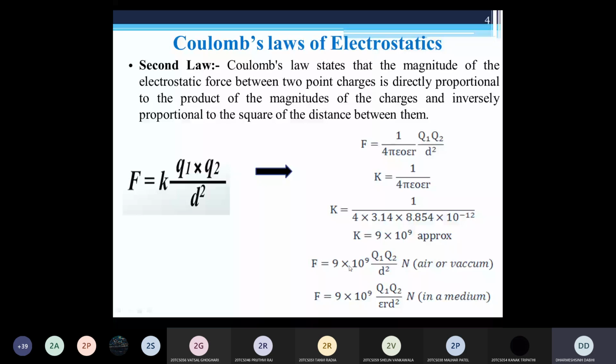And if Q1 and Q2 are placed in any other medium, then you use the other equation. The only difference is that the value of relative permittivity is there. It is not 1; for different media, the relative permittivity is different, but for air and vacuum it is 1. So this is the force equation for air and vacuum, and this is for any medium. That is Coulomb's first law and second law. I hope it is clear to you.